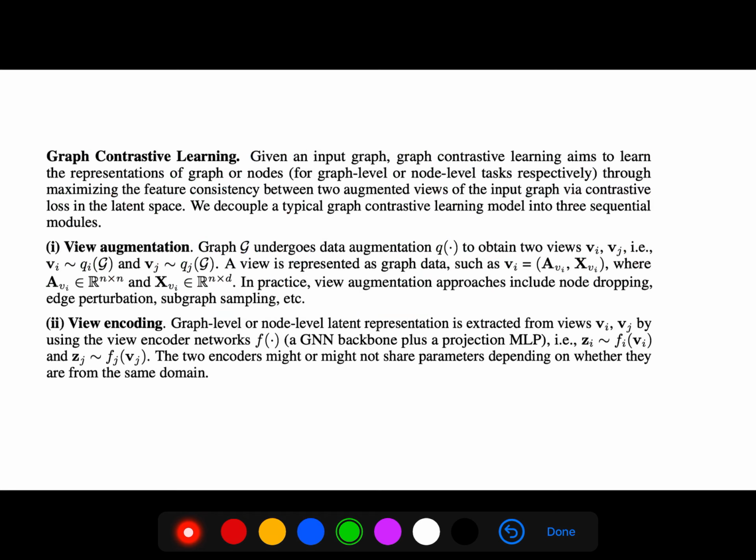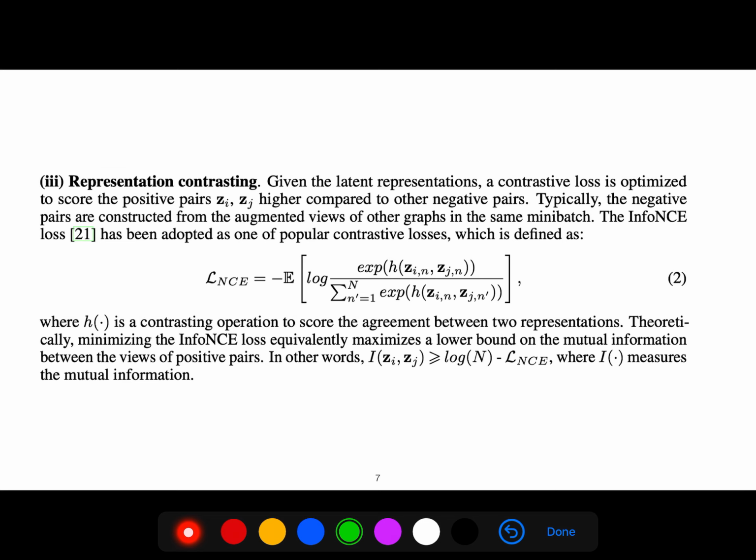So given an input graph, contrastive learning aims to learn the representation of graph or nodes through maximizing feature consistency between two augmented views of the input graph via contrastive loss. We decouple a typical graph contrastive learning model into 3 sequential modules: view augmentation, view encoding, and representation contrasting.